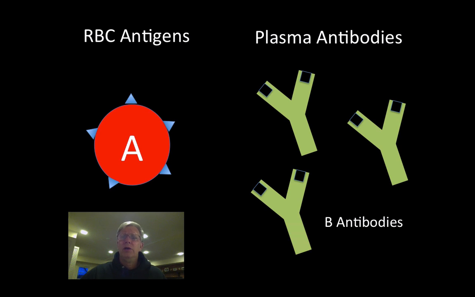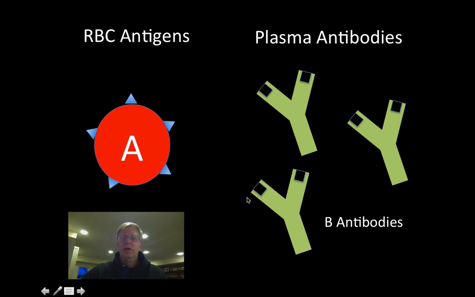Antibodies are proteins that attack specific antigens, and in the blood typing system, we have the opposite antibodies as the antigens that we have. It wouldn't make any sense for us to have the same antibodies as we have antigens, because then those antibodies would attack our own blood.